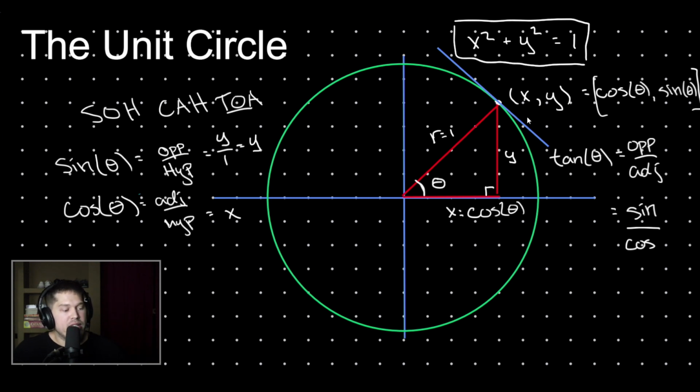We know that any coordinate that falls on our unit circle can be given by the cosine of theta and the sine of theta as its coordinates. We also talked about how the tangent of theta is the slope of the line that touches said coordinate.